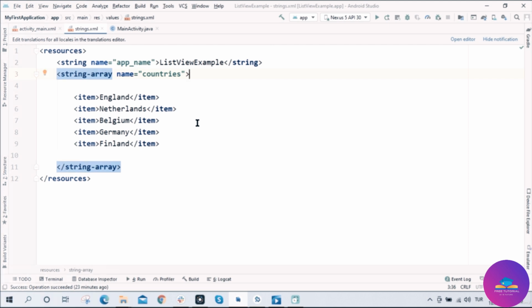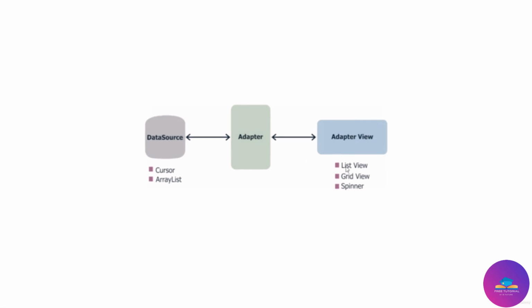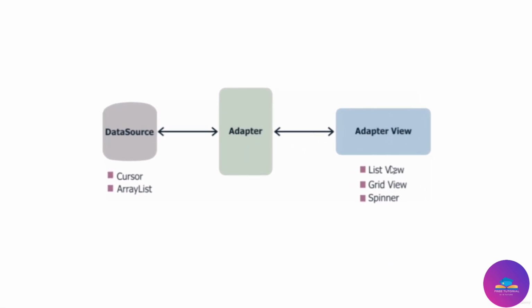Let me just show you with a picture, because it's very important. I want you to have a look at this in detail. We will use the adapter in some of the other components as well. So now we're going to use this adapter for the spinner, but we'll also use it for the list view and the grid view in some of the next videos.